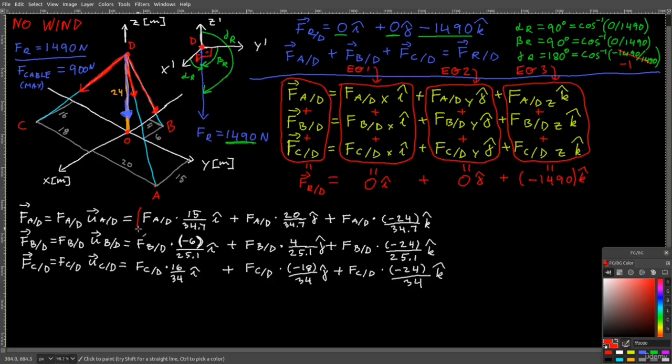But now, for example, this component here, that's this one here, FA/D x. And then, for example, this one here, that's this one here. And for example, this one here, that's this one here, and etc.